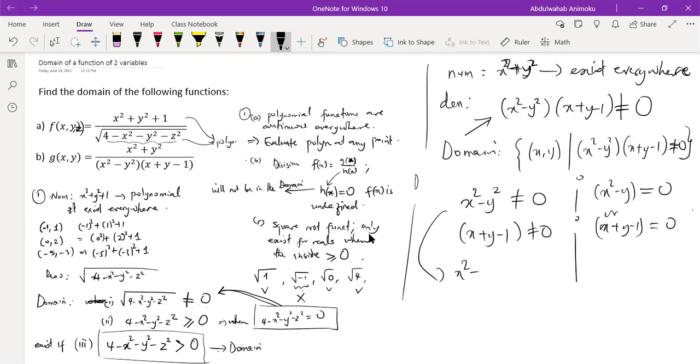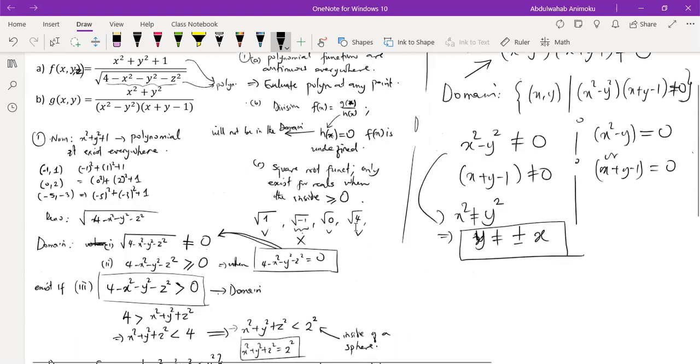This means x squared must not be equal to y squared, which means that y must not be equal to plus or minus x. So when you take the square root of both sides, this is what you have. So that's the first condition, y not equal to x, y not equal to minus x. So y must not be equal to x and must not also be equal to minus x.